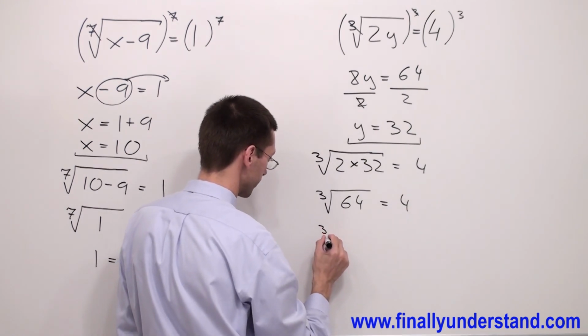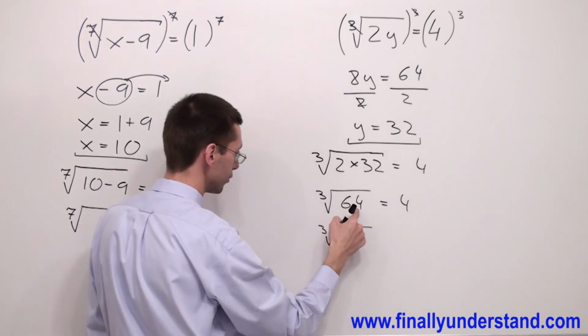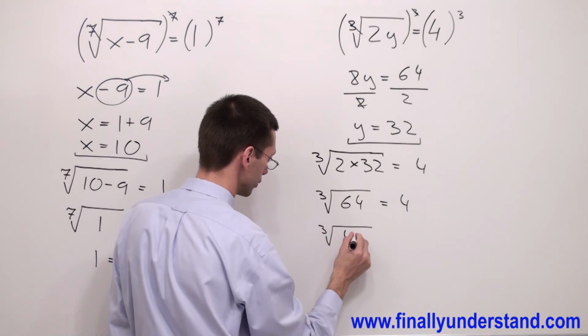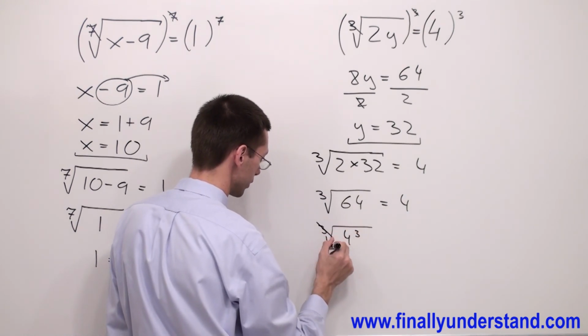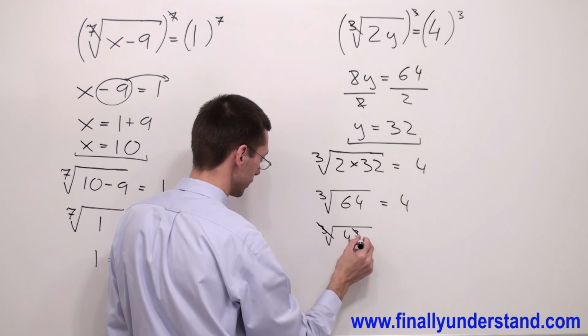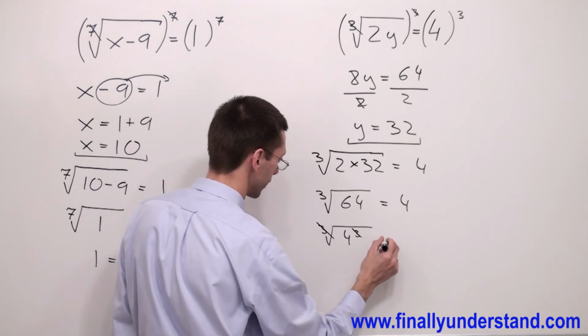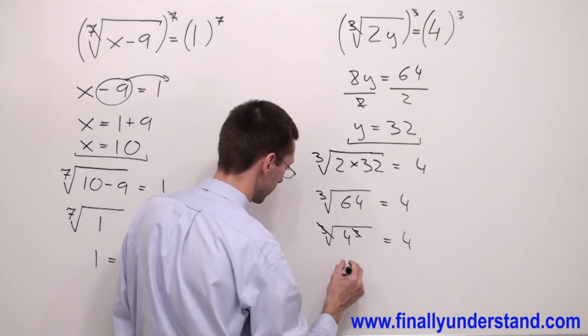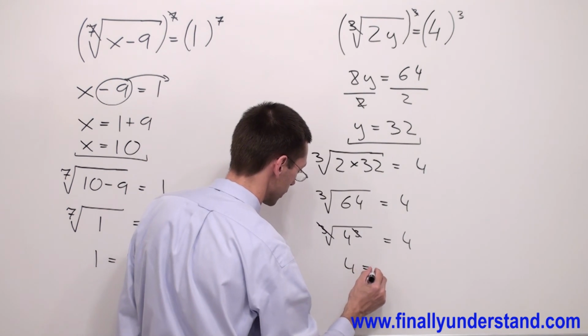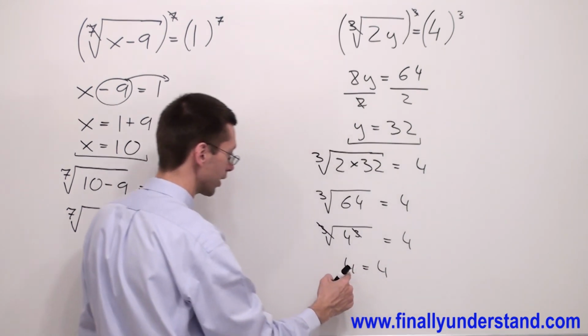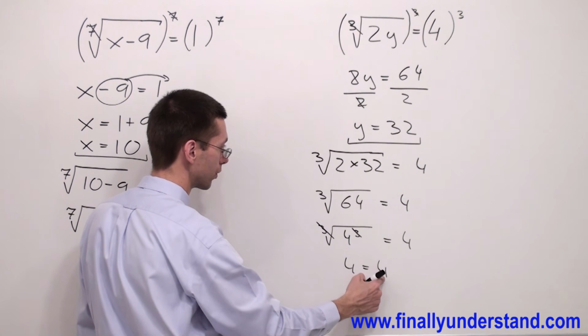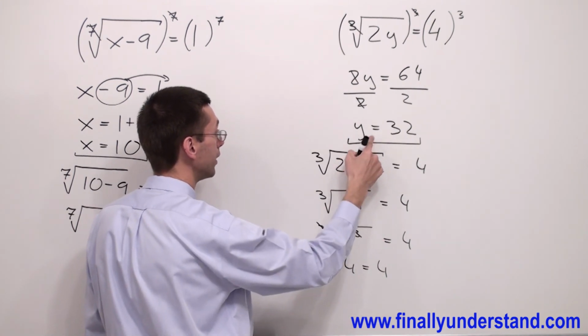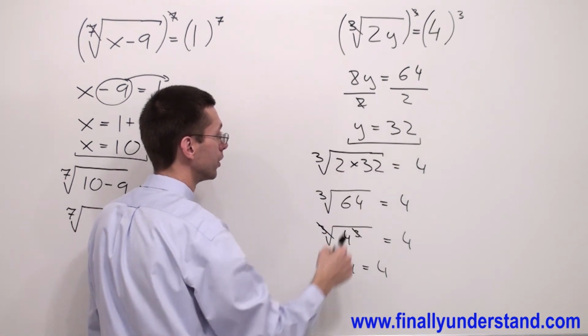The cube root of 64 is nothing else, just 4 to the 3rd power. This cube root and this exponent will cancel out. And I have 4 equals 4. As you can see, the left side is equal to the right side. That's why y equals 32 is the answer to my problem.